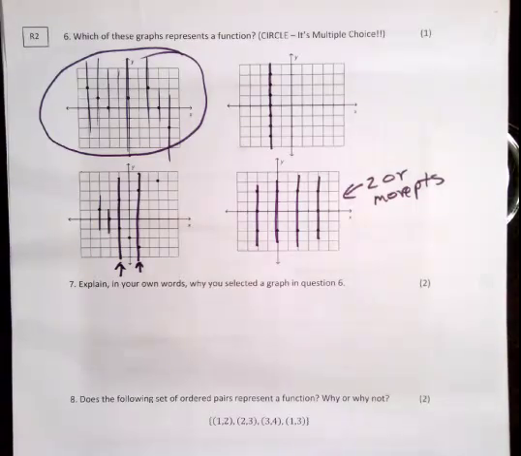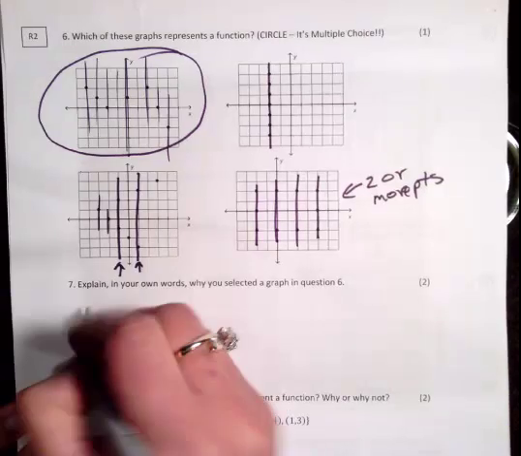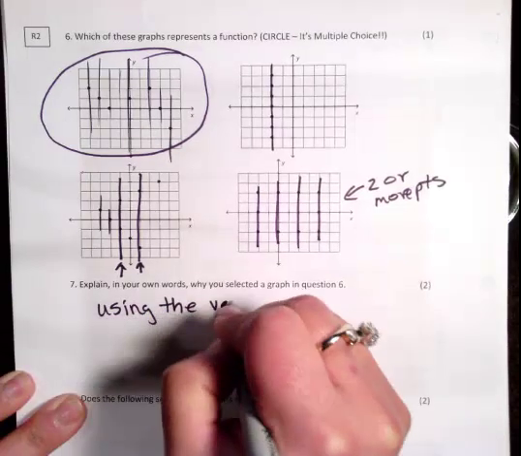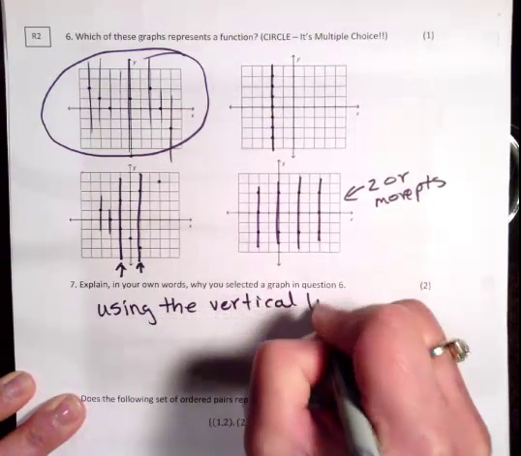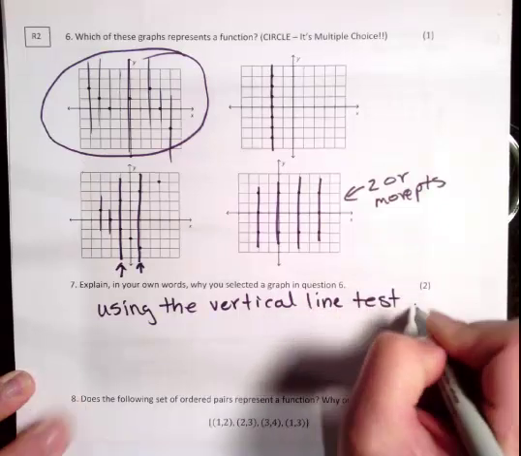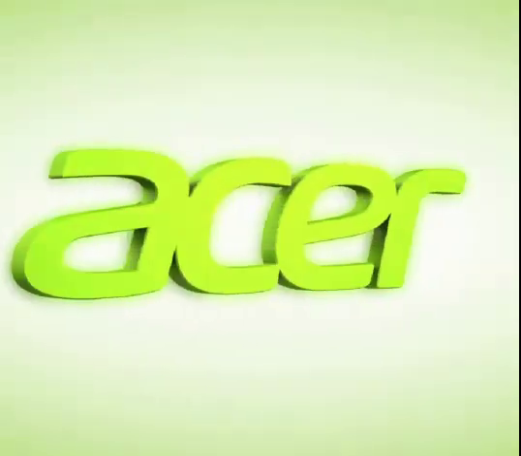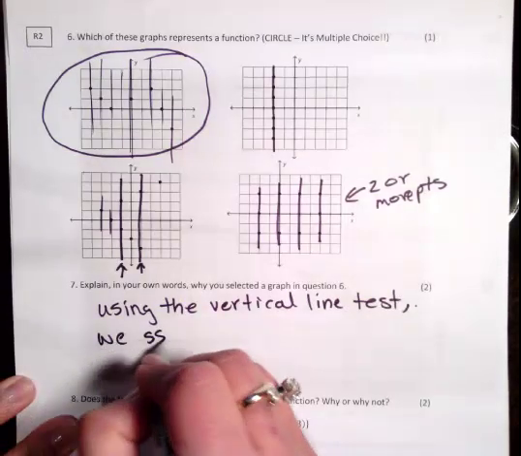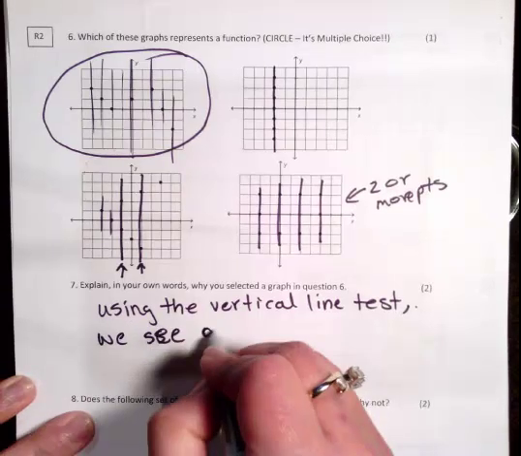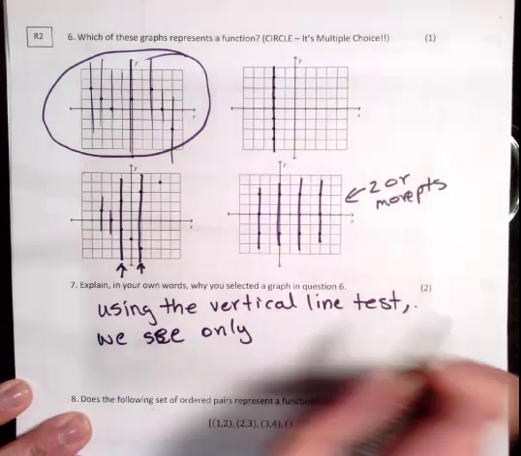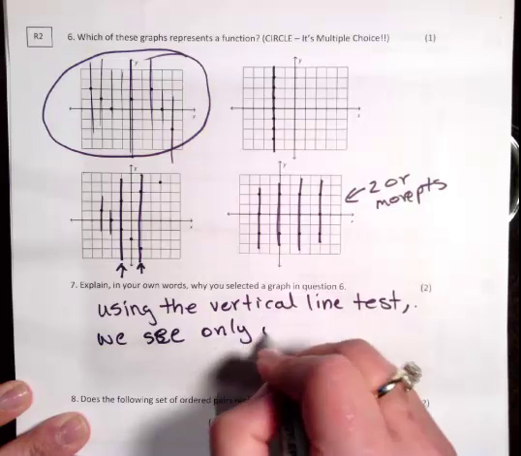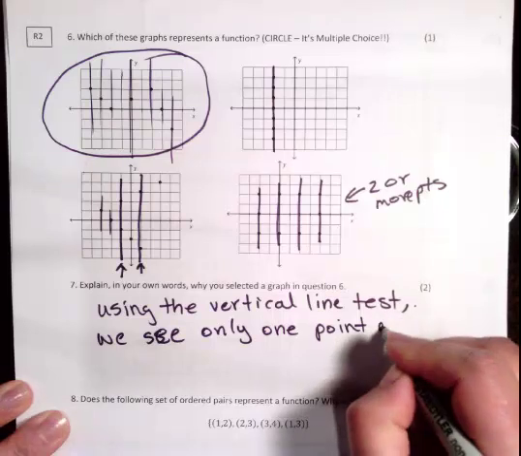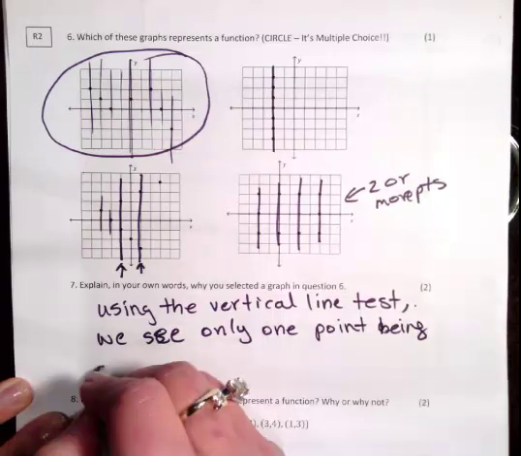Well, that's because using the vertical line test, we see only 1 point being crossed at a time.